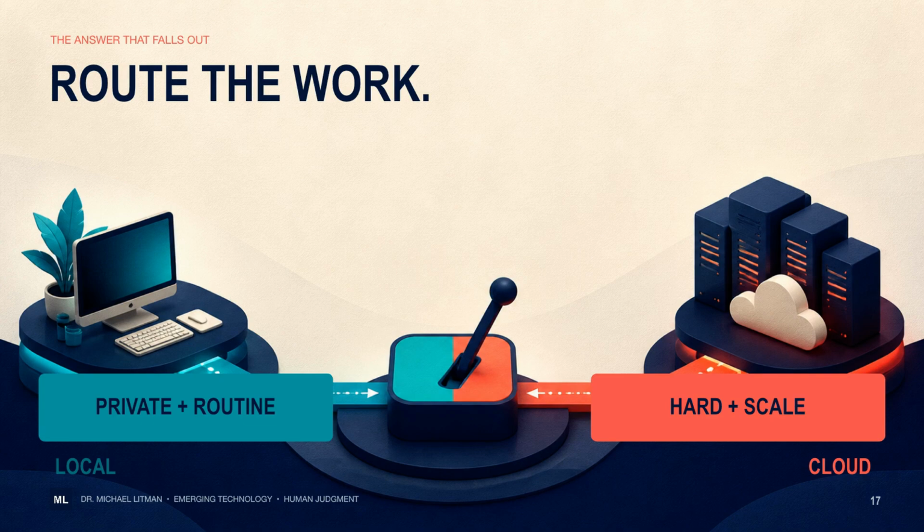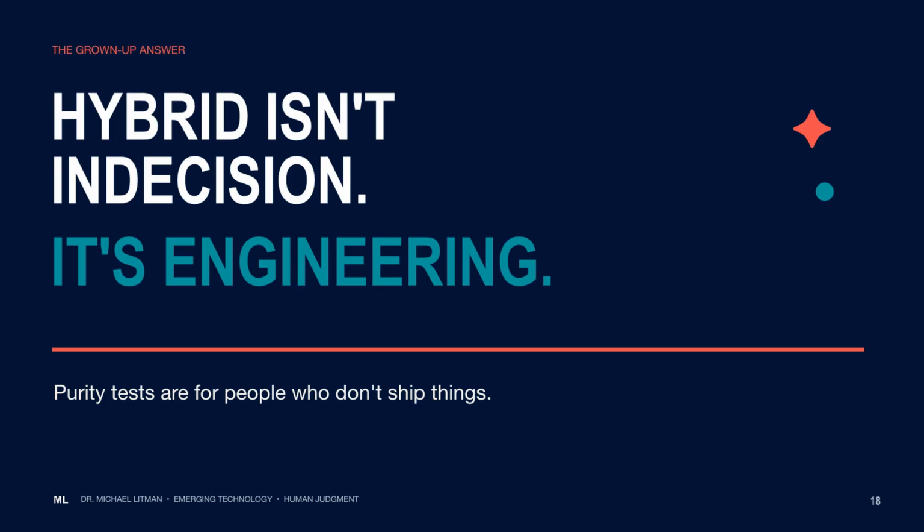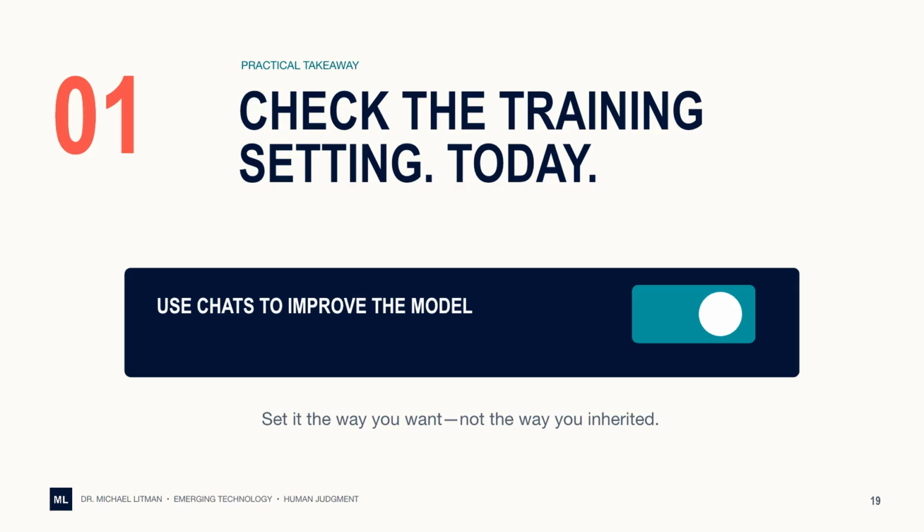Route the sensitive or routine stuff to a local model, escalate the hard or scale-heavy stuff to the cloud, and be deliberate about what crosses the line. Companies do exactly this. It's not indecision, it's engineering. In my view, it's actually the only grown-up answer because all local and all cloud are both purity tests, and purity tests are for people who don't ship things.